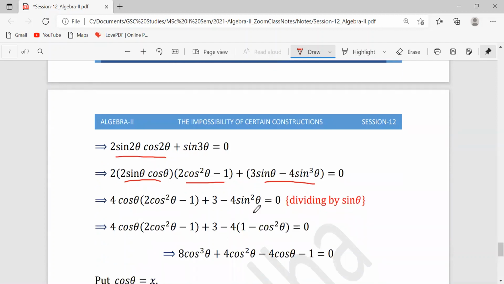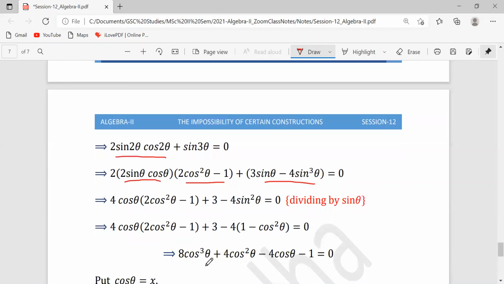Let us convert this entire equation in terms of cos theta. You can convert it into sine theta also, but here we are going to get a term containing cos cube theta. So instead of converting cos to sine, let us convert sine to cos. It is easy because you have a term containing sine square alone. So sine square can be written as 1 minus cos square theta.